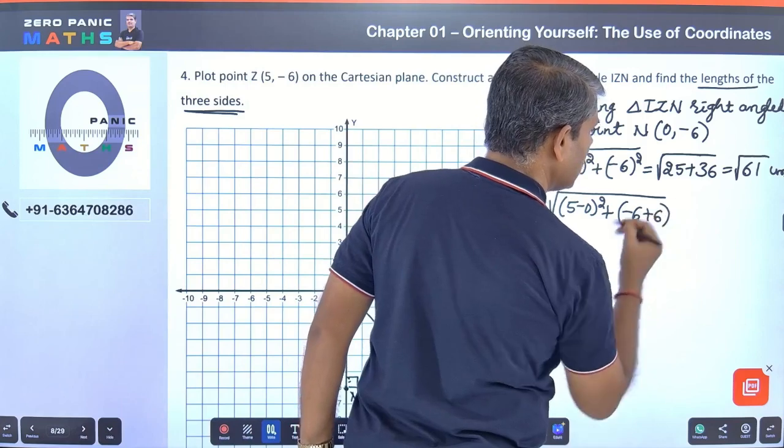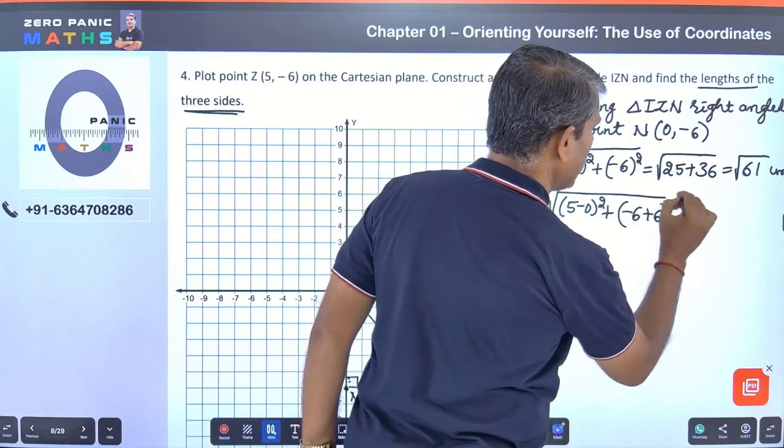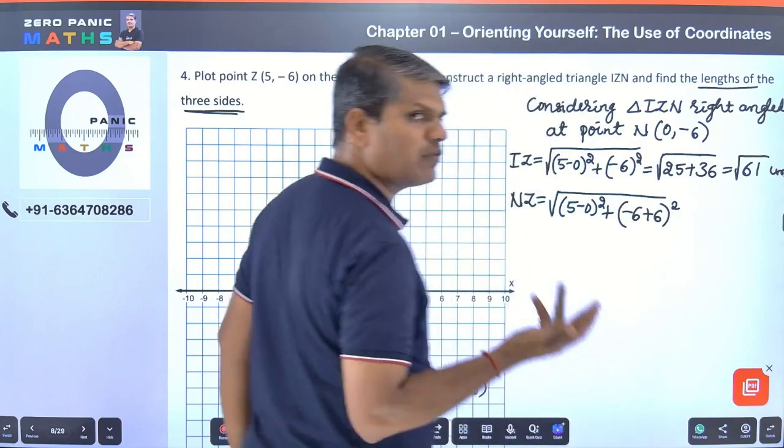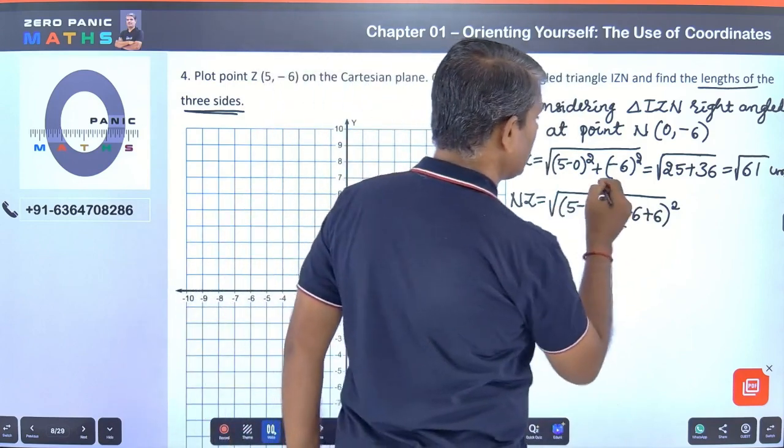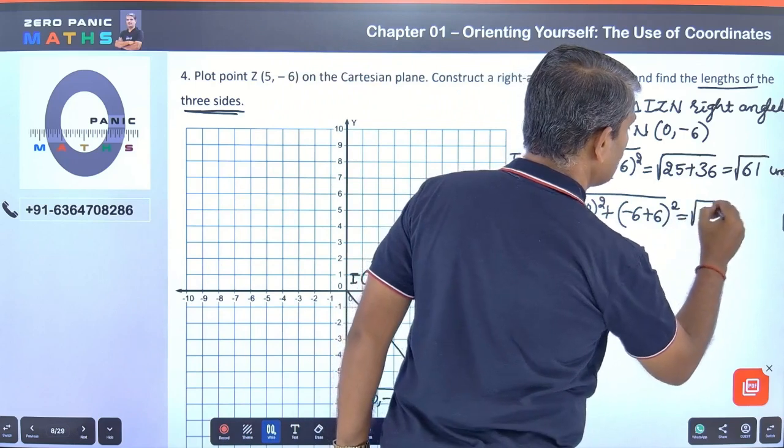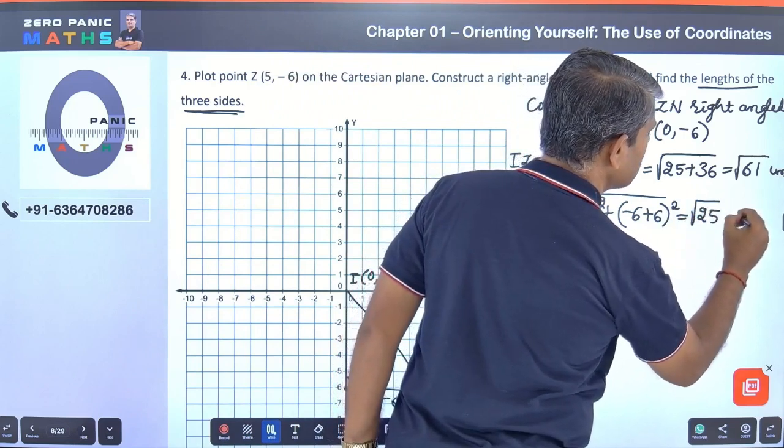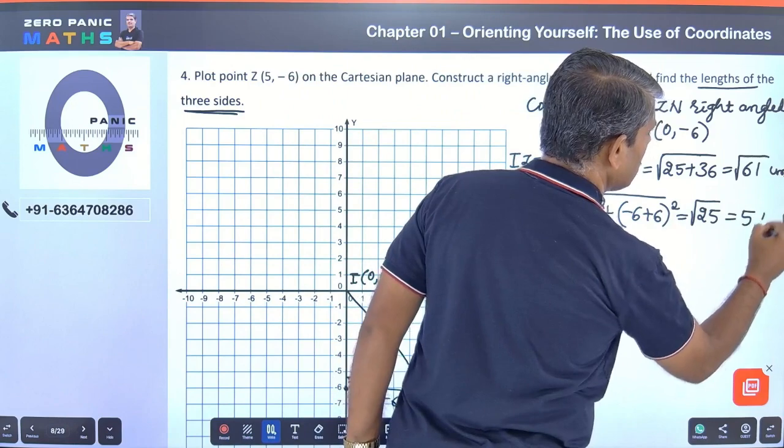I'm writing this directly, (+6) whole square. So +6 -6 will be 0 only, and 5 square is root of 25, which is 5 units.